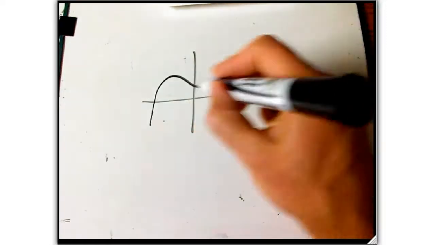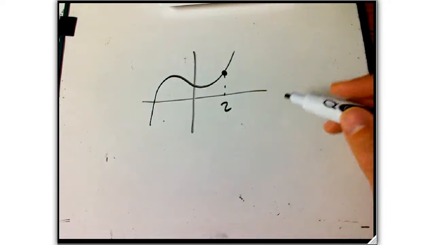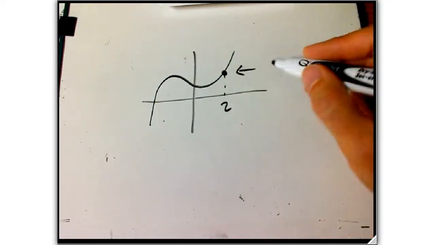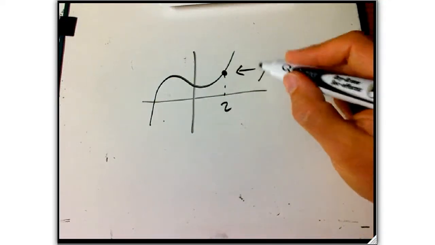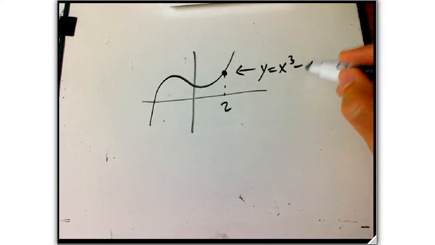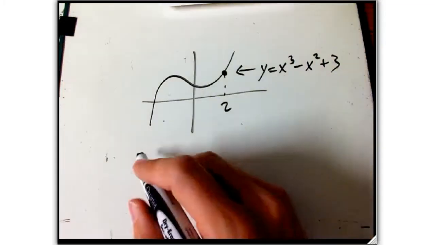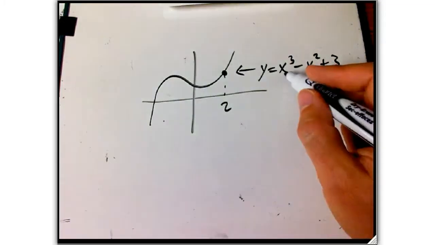So let's say we just have some function. I'll do a fake graph here. But let's say a is equal to 2. And let's say this is a pretty fake graph of, let's say, y equals x cubed minus x squared plus 3. It's not really what it looks like, but close enough. Okay. So that's our f of x.